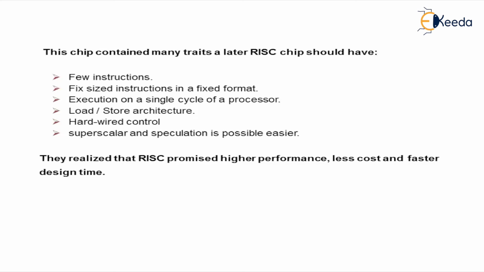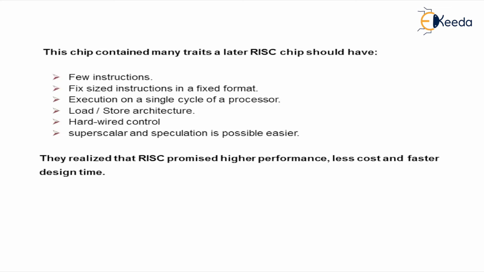And it should have load and store architecture. You define the predefined instructions that need to be performed, and then those instructions should give you the desired output. That is called your load and store architecture. And it is controlled by hardwired control.